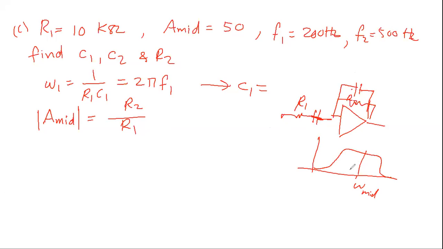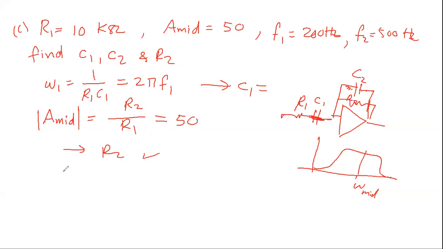So this frequency is very high for the capacitor C1, so it's considered as short-circuited, and it's very low for the capacitor C2, so it's considered as open circuit. So if C2 is open circuit and C1 is short-circuited, then the gain is R2 over R1. So this is the mid-band gain. Okay, so this is 50. And we know that R1 is 10K, so from this one, we can find R2.